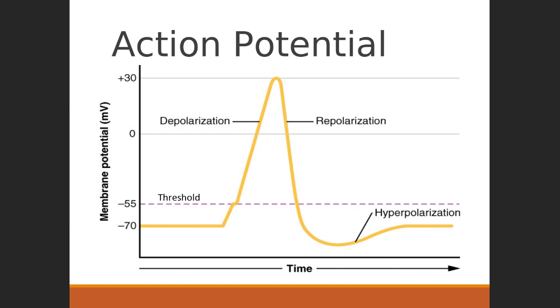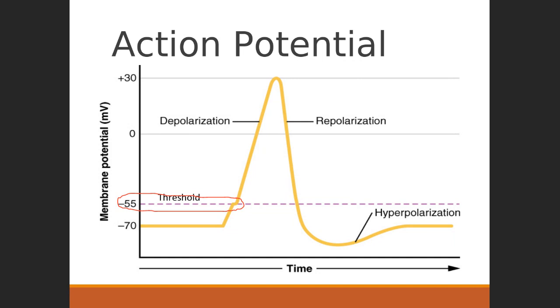Now you see here we have this dotted line, this threshold value. That's an important characteristic of our voltage gated channels. I said earlier they only open once we get a certain degree of voltage change around them. That is the threshold.